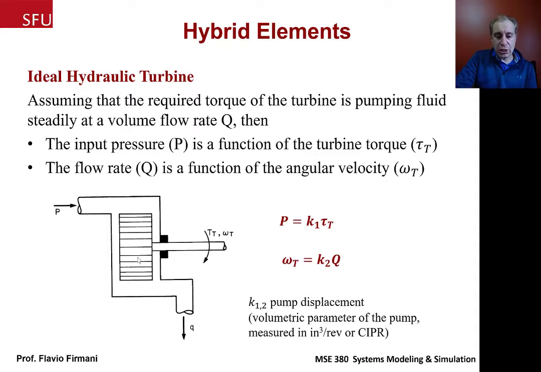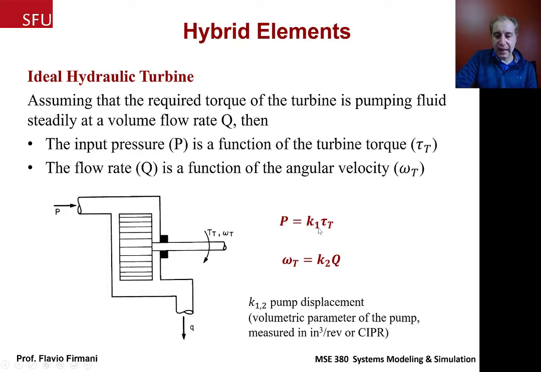Now, the relationship that we're going to have for this particular system is that the pressure is going to be equal to K1 times the torque, which is the torque being applied to the impeller of the pump.